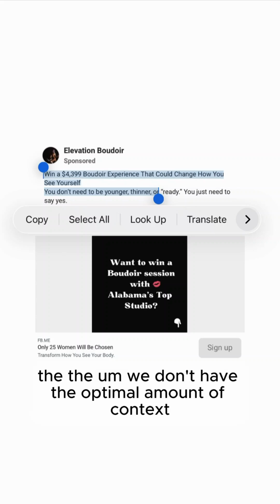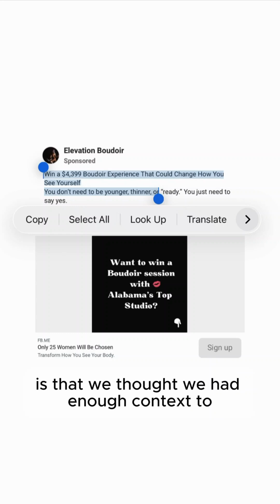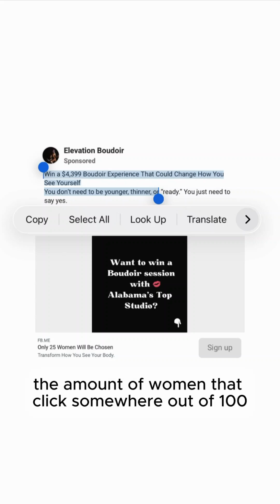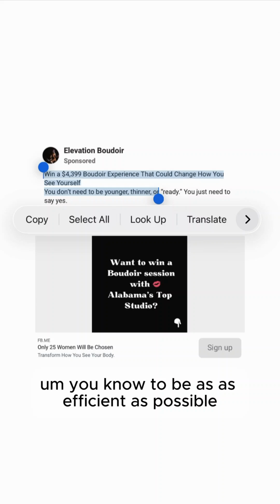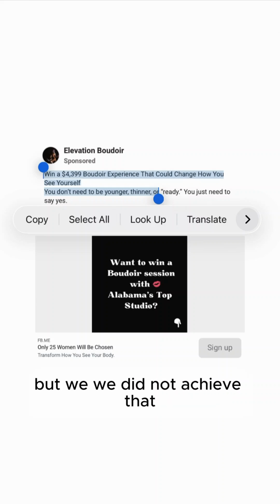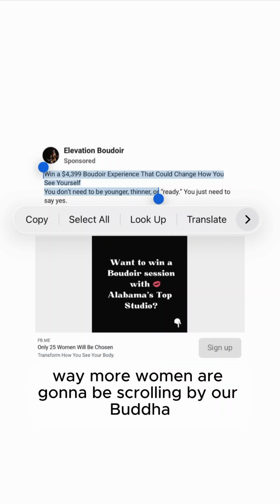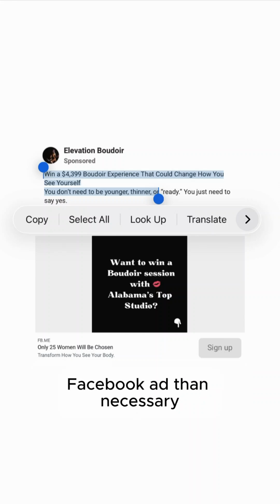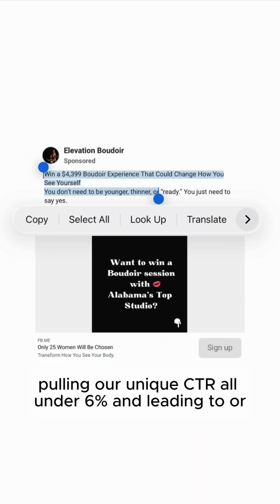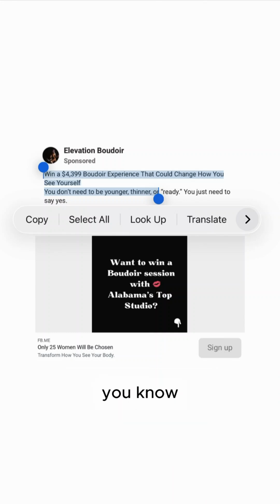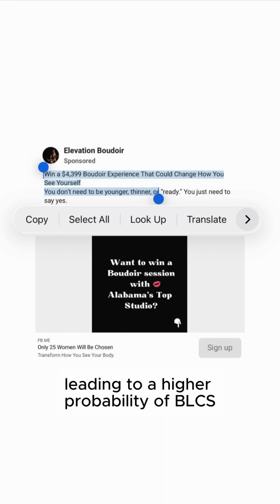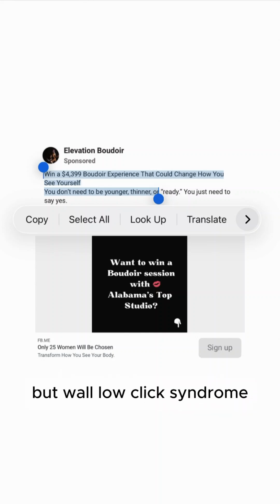Like we don't have the optimum amount of context, and the false belief causing us to make this mistake is that we thought we had enough context to maximize, optimize the amount of women that click somewhere on our ad out of 100, to be as efficient as possible, but we did not achieve that. So the consequence of this, way more women are going to be scrolling by our boudoir Facebook ad than necessary, pulling our unique CTR under 6% and leading to a higher probability of BLCS, boudoir low click syndrome.